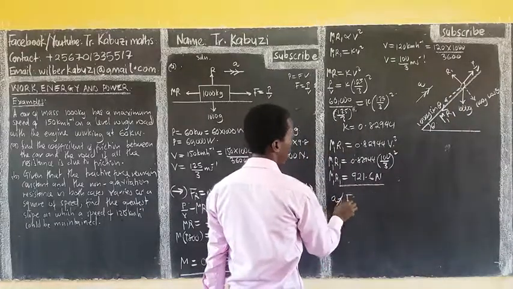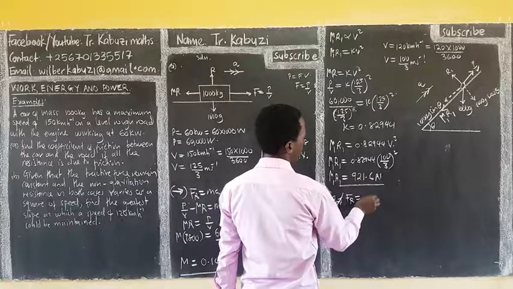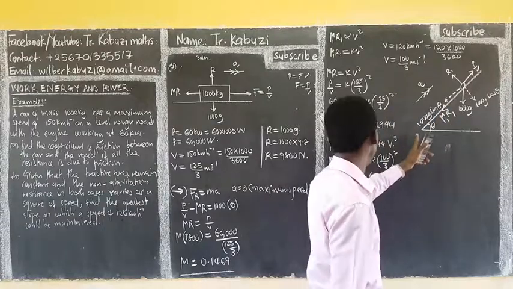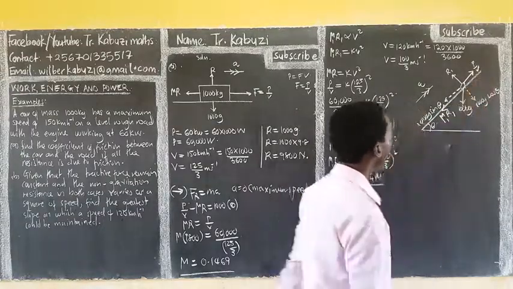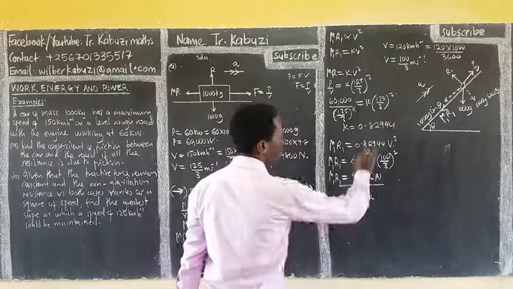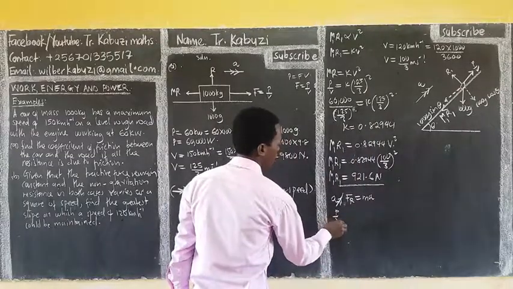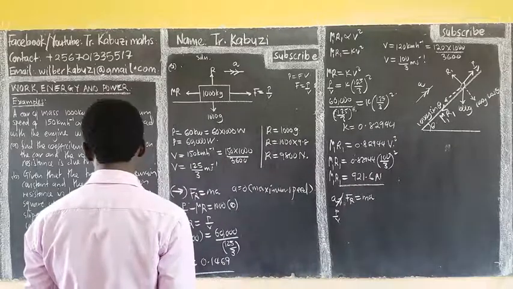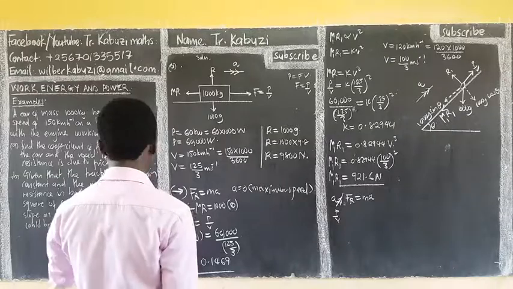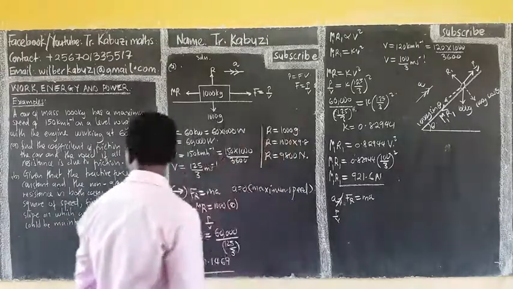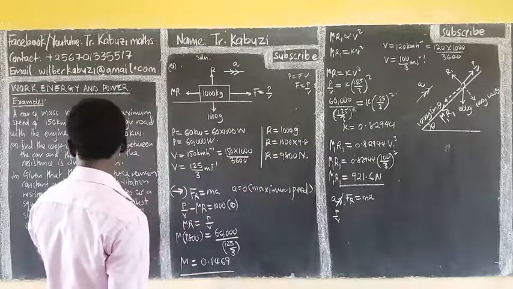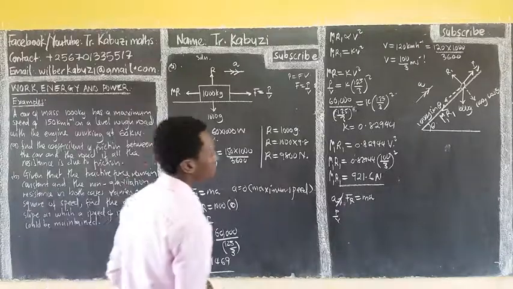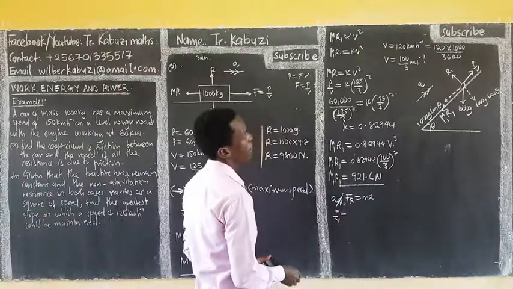If you resolve in the direction of the acceleration, remember force is equal to ma. What is pulling it in this direction is P over V. So we have P over V, then minus the opposing forces.